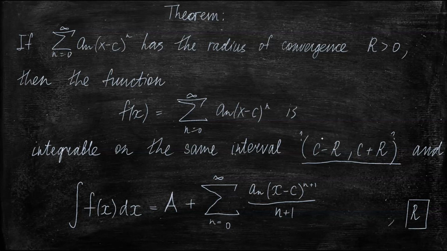And A can always be determined by evaluating the function right at the center. So again, you'll see exactly what it means as we do an example, but this is the theorem that allows us to perform a term-by-term integration of some series.